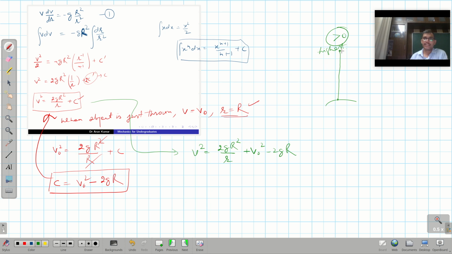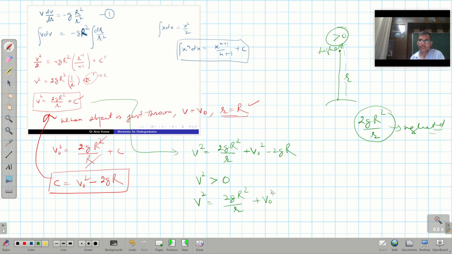So when r is very large, the term 2gR square by small r can be neglected, and then a condition will be there: this v square, which is 2gR square by r plus v naught square minus 2gR, must be greater than 0.